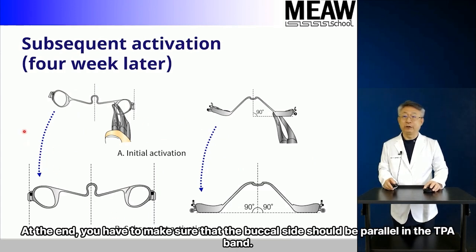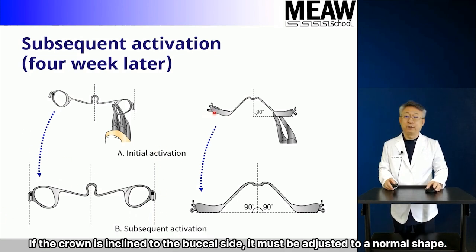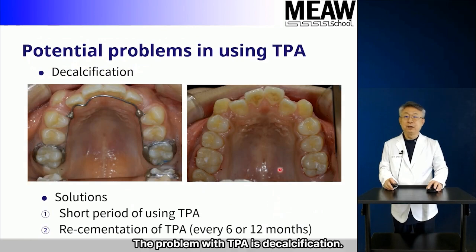At the end, you have to make sure that the buccal side should be parallel in the TPA band. If the crown is inclined to the buccal side, it must be adjusted to a normal shape. The problem with TPA is decalcification.